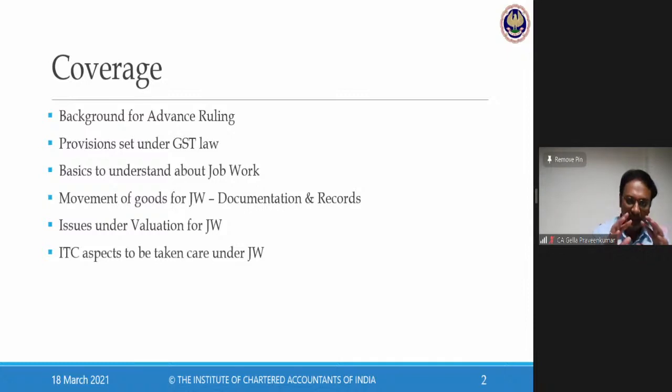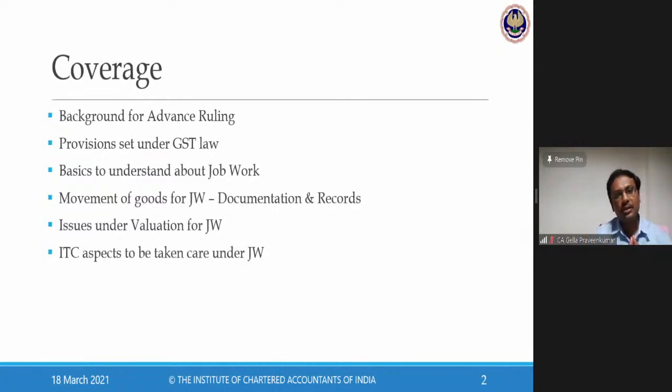We will have an entire gamut of understanding why is this advanced ruling, what is the purpose of this topic, what a person can think of with advanced ruling, what aspects one can think of as a practitioner. Now you are going to get into practice in a very short span of time, so I would put it this way: how you can use this as a tool for advising clients on a couple of GST related matters.